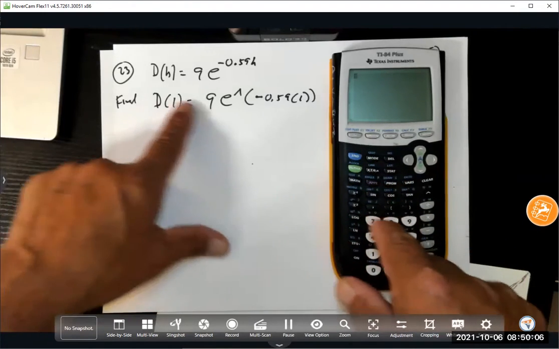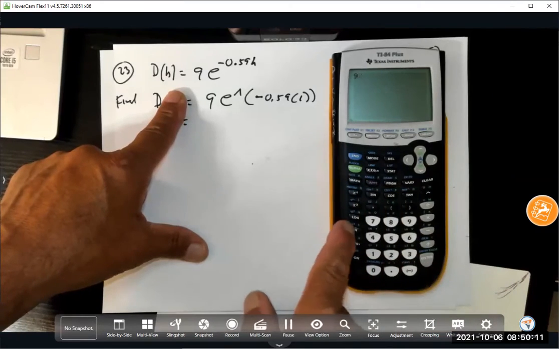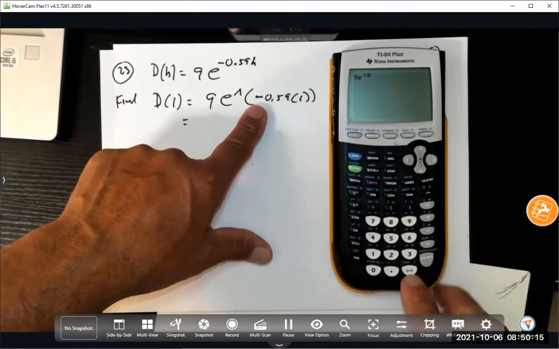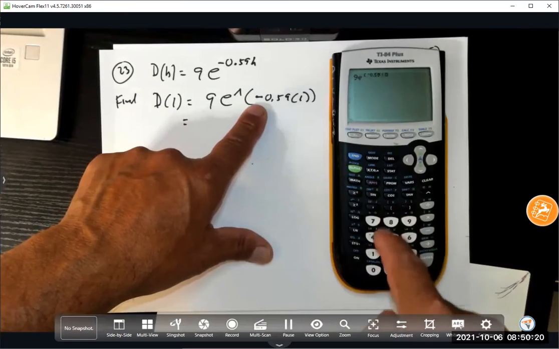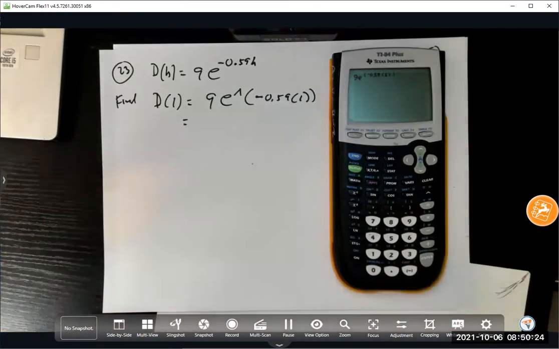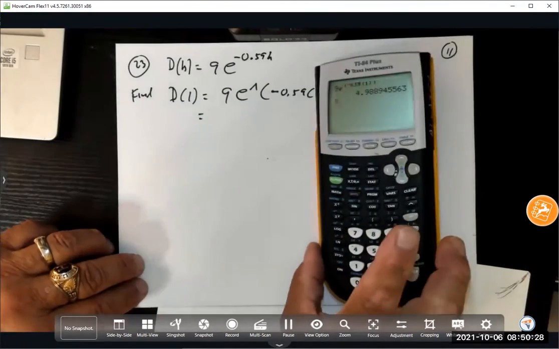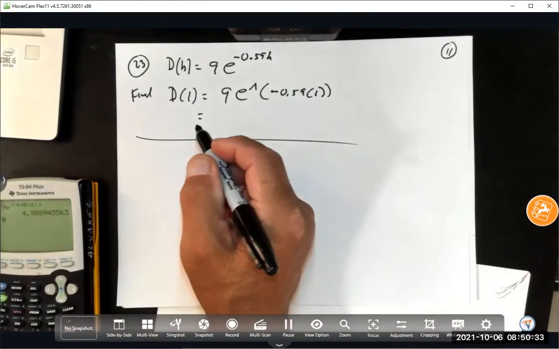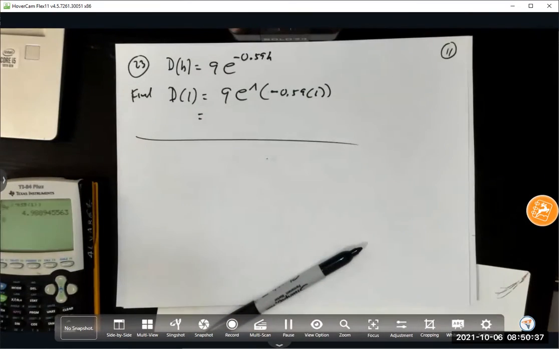Okay, so you're going to put 9, second ln. That little e thing pops up like that. Parentheses. Little minus sign. Negative 0.59, parentheses, 1. Close it. Close it. Okay, y'all get that number right there, and then you hit enter. And I got 4.9 something. What'd you get? Give me your numbers. What did y'all get?